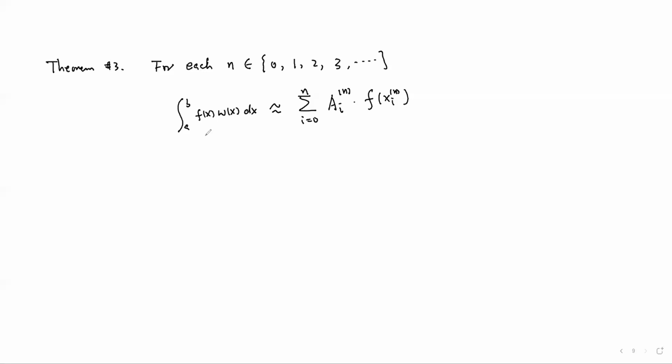Now this theorem says that if function f is continuous over the interval [a,b], then the right side is a number. The limit as n approaches infinity is exactly the left side.